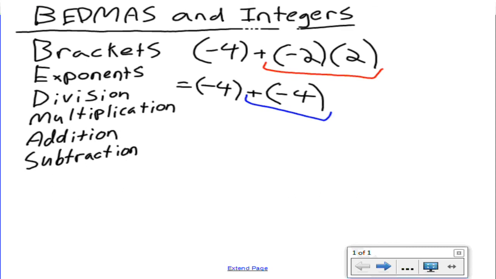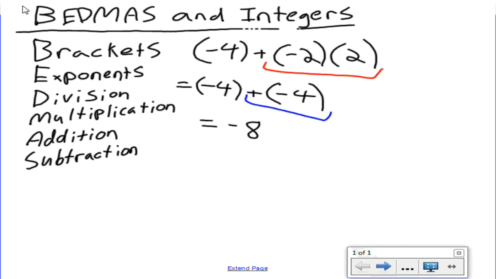When I'm adding a negative, that's 4 spots to the left, which means -4 plus -4, my answer is -8. Again, -2 times +2, my answer is -4. When I'm adding -4 plus -4, my answer is -8.